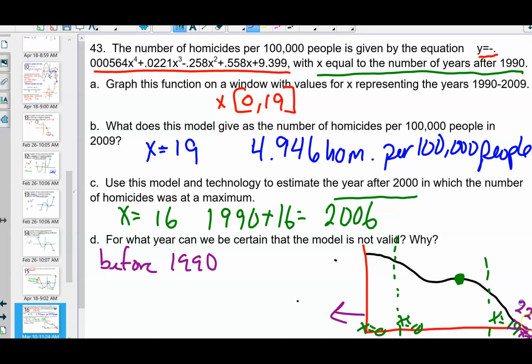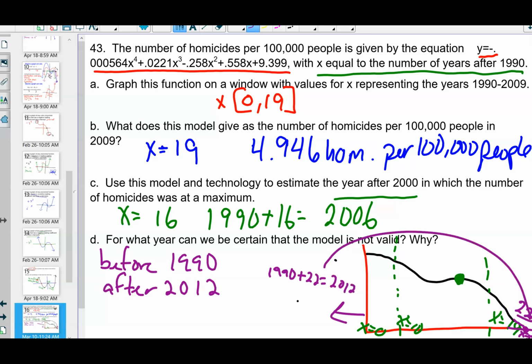So I would say after 2012, because 1990 plus 22 is 2012, and that is where it's zeroing out. So where is it invalid? Before 1990, because that's a negative year, and after 2012, because it's also negative.